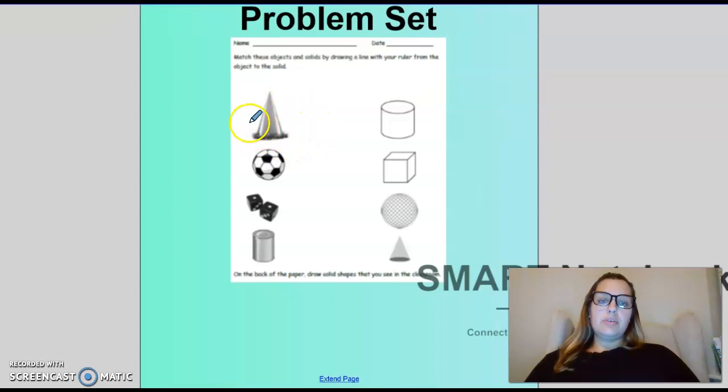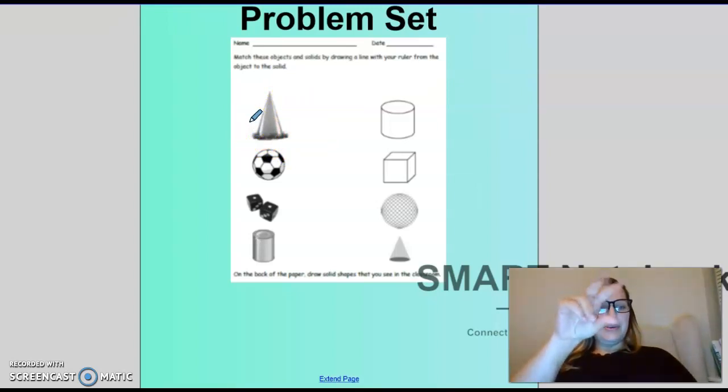I want you to give me a yes or a no sign if you think it matches. Does this cone match this? This is a party hat, I believe. Does this party hat match this shape?